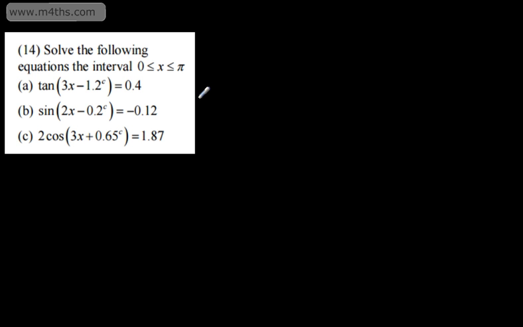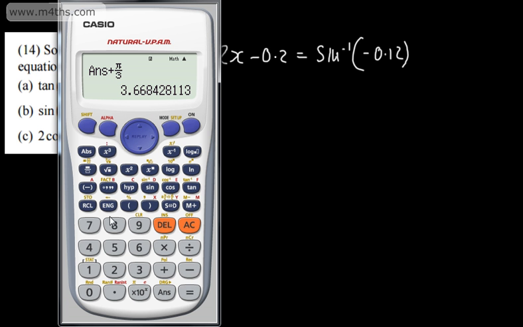Right, okay, this is going to be quite messy. 2x minus 0.2 radians is going to be equal to the inverse sine now of negative 0.12, and I'm really going to rely on the calculator. So what we're going to get then is the following. We're going to have shift sine, negative 0.12.